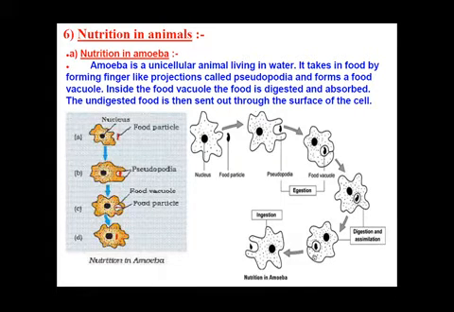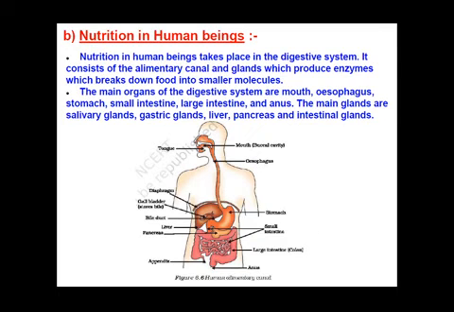Later, whatever waste material is there is expelled out from the surface of the amoeba cell. This whole diagram is from class 9th NCERT, and you must be recalling the whole process of nutrition in amoeba. So let us now move to the nutrition in human beings.